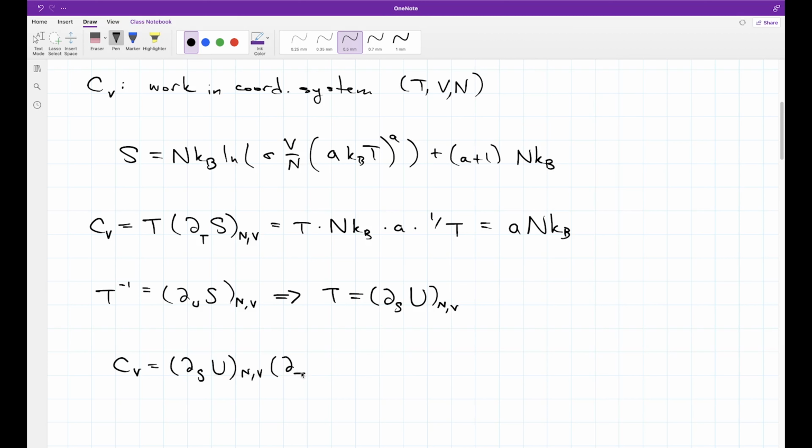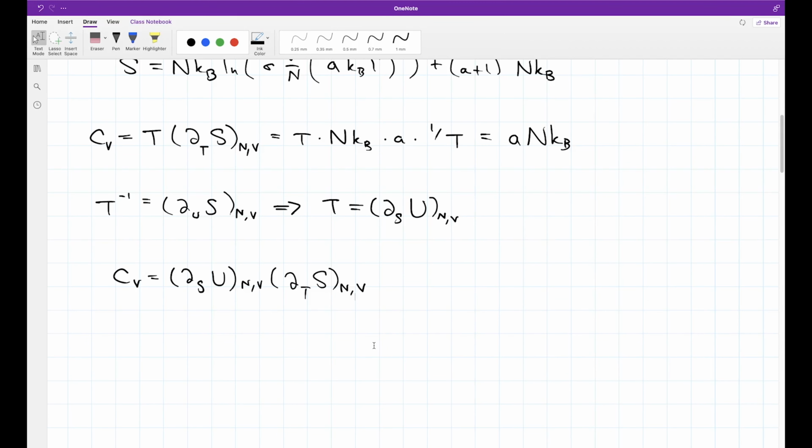partial T of S fixing N and V. And maybe if we move the order around here, this actually becomes a little bit clearer. This is, in fact, the version of the chain rule that we also gave in Lecture 7.